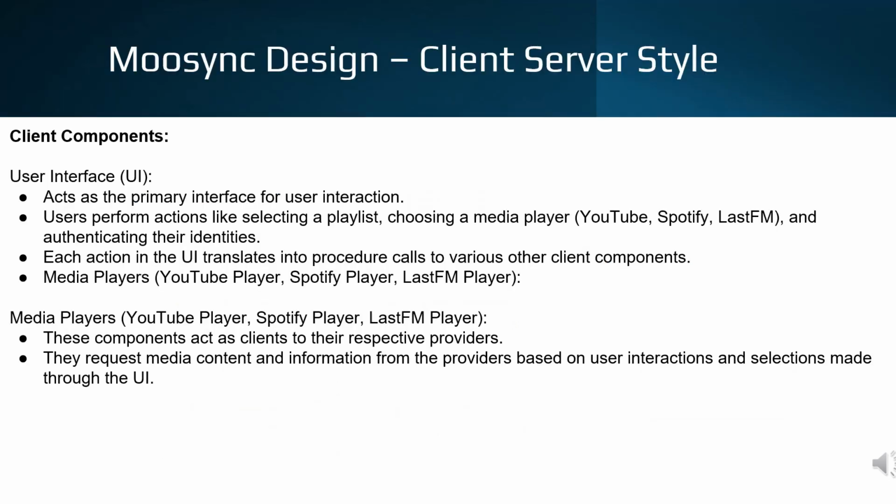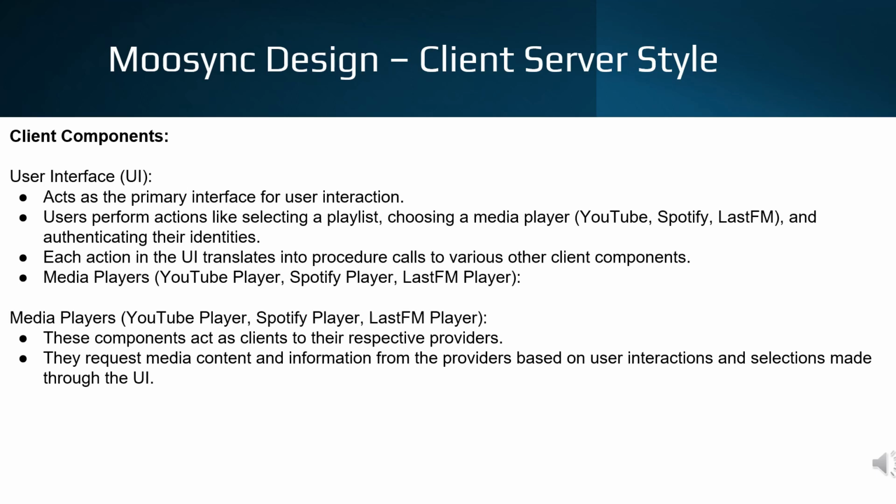Next, talking about the components, the first client component is the user interface. It acts as the primary interface for user interaction, and it's responsible for displaying songs, viewing playlists, viewing albums, viewing the associated artist, or viewing the different genres. It has different methods associated with it, which will eventually interact with the backend and retrieve the needed resources.